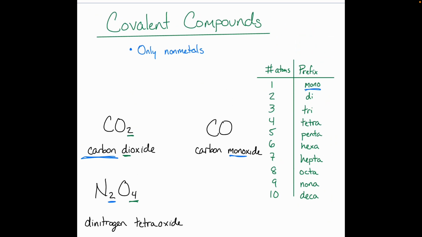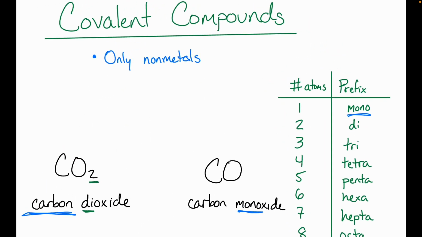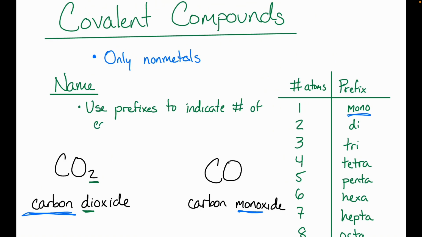All right, so we have these covalent compounds that consist only of nonmetals. When we name these complexes here, we're going to use our prefixes to indicate the number of each atom in our formula.